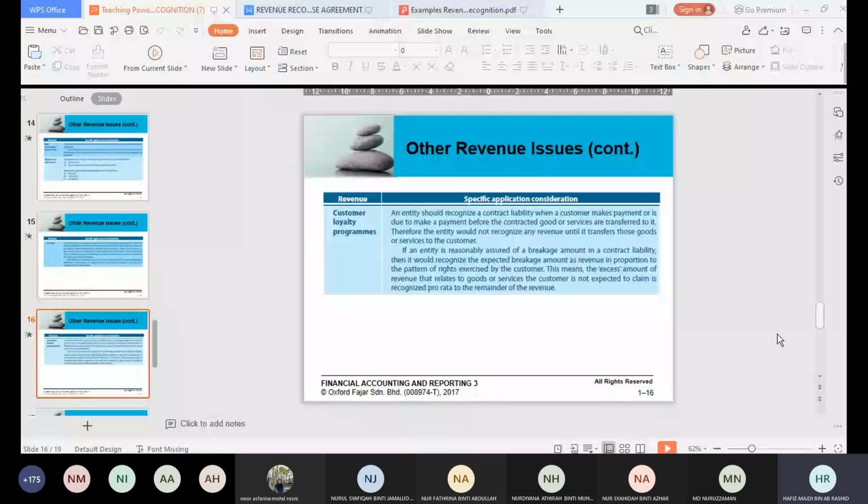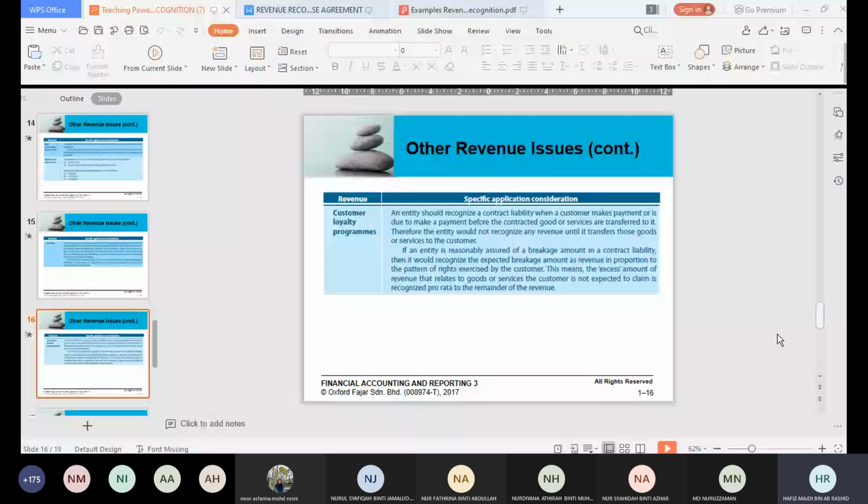Okay. So this is an example of a customer loyalty program. The issue of material right is for a customer who already has a contract with the company.